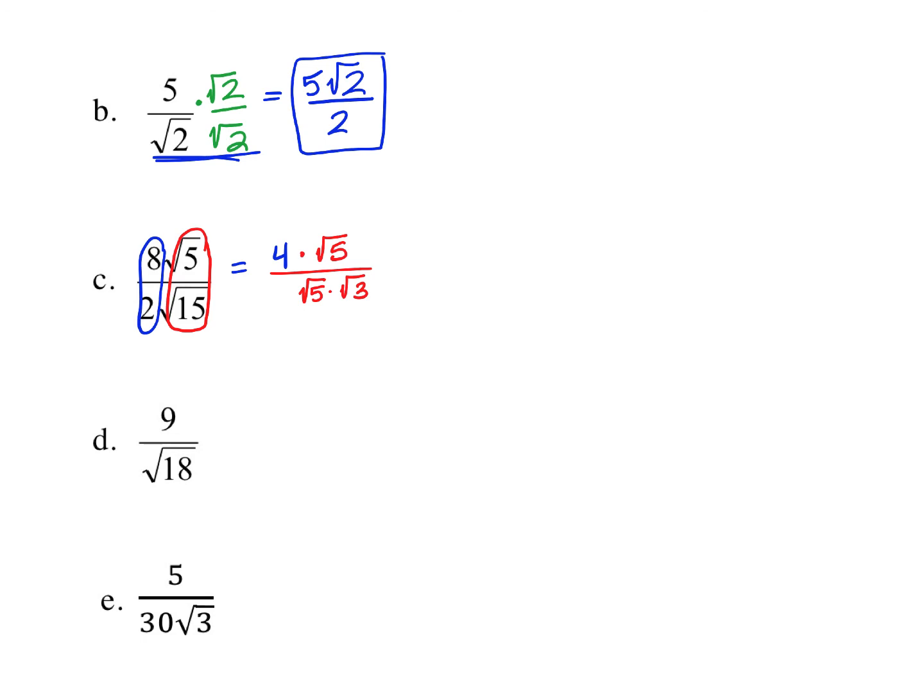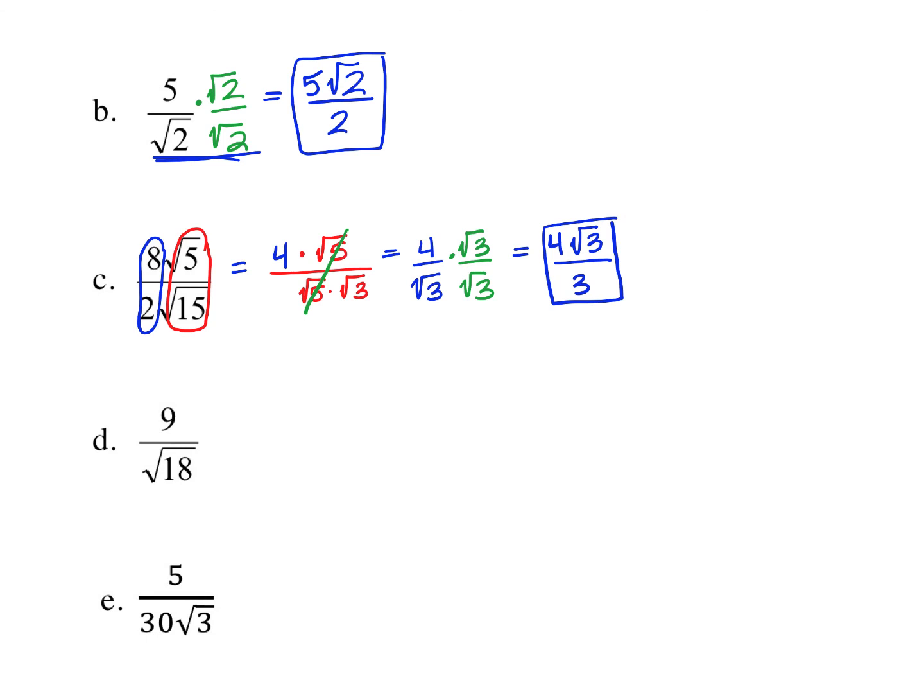So now I can get rid of these root 5s. And now I have 4 over root 3, which is a little bit easier to rationalize. So multiply by root 3 over root 3. On top, that'll give me 4 root 3. And on bottom, it'll give me just 3. And that cannot be further simplified. So that's your final answer.